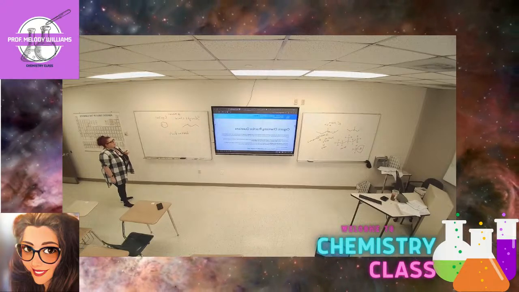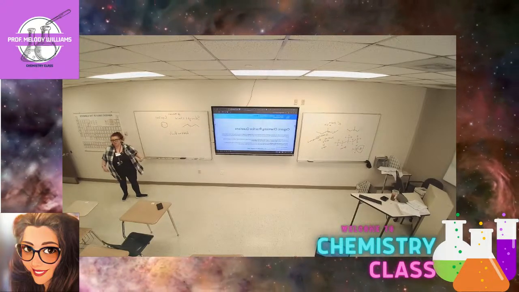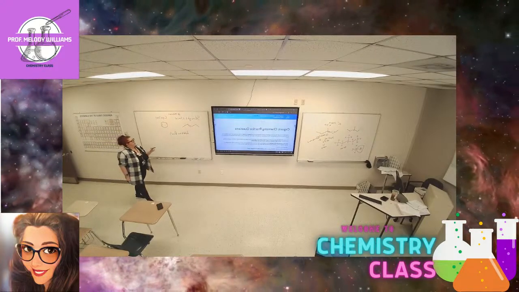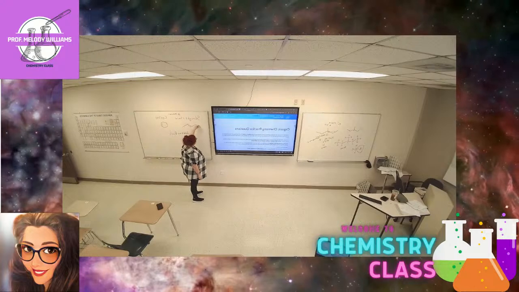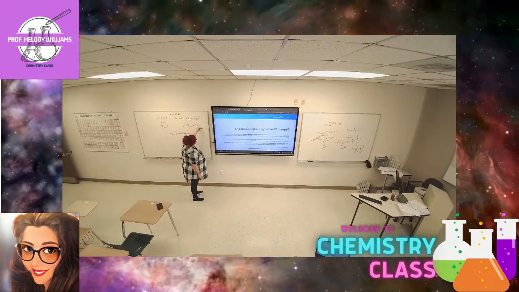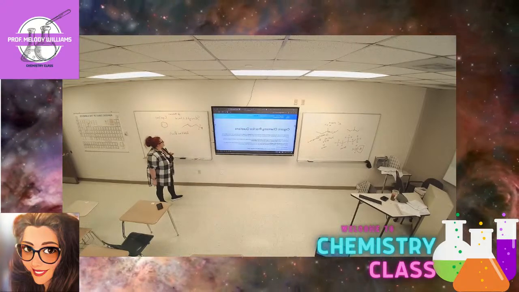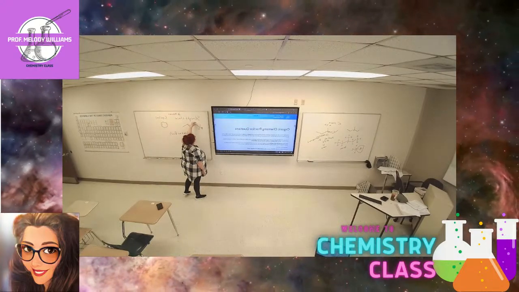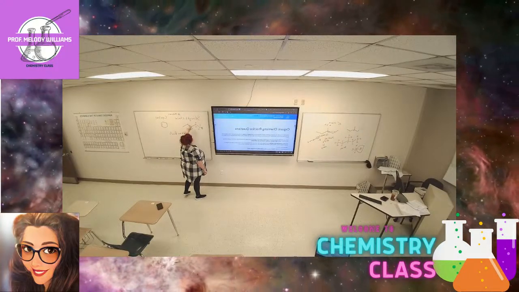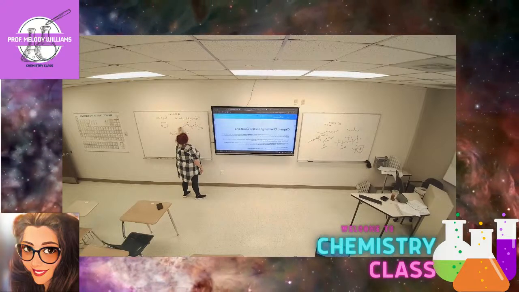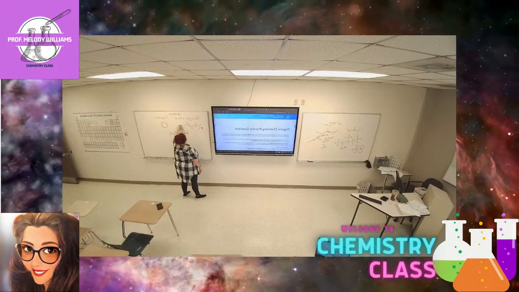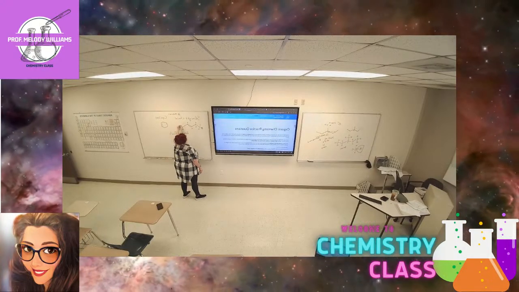So the question here is, where could you add stuff? Each one of these carbons has a hydrogen on it. This one has a hydrogen here, and this one has a hydrogen here. So where would be the easiest place to add stuff?